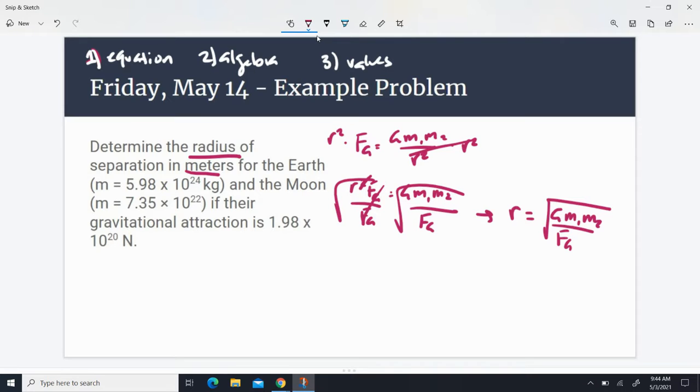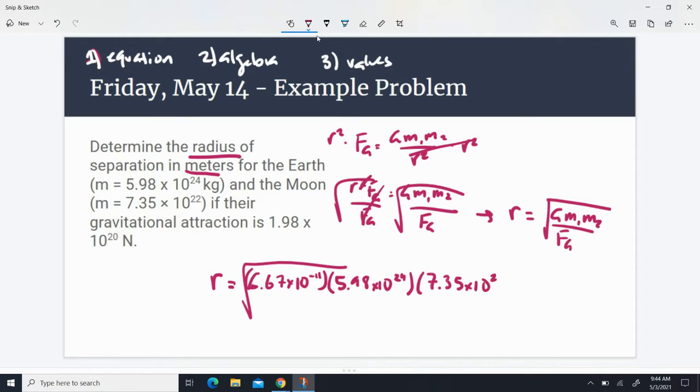All right. We've already got our values. Let's plug them in. That's 6.67 times 10 to the negative 11th, that's our G value, times the mass of Earth, 5.98 times 10 to the 24th, times the mass of the Moon, which is 7.35 times 10 to the 22nd kilograms.